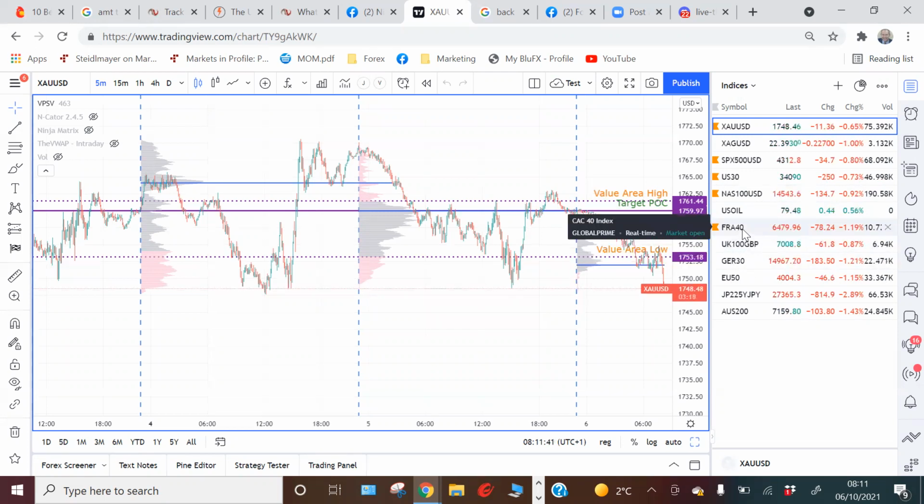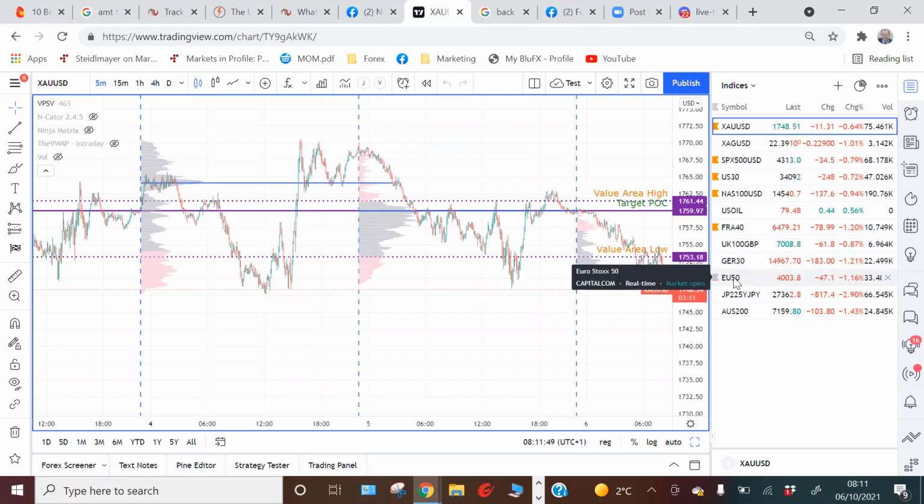French 40, sometimes known as the CAC. US 100, sometimes known as the FTSE 100. German 30, sometimes known as Deutsche 30. Euro 50. This is sometimes known as the Nikkei 225, and that's the Aussie 200. So that's what I spend most of my time looking at, these ones here. If you want to take a snapshot of that, you're very welcome.